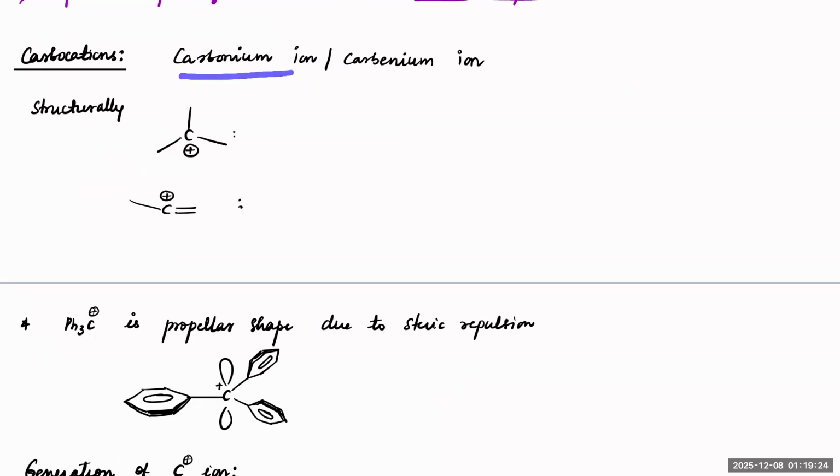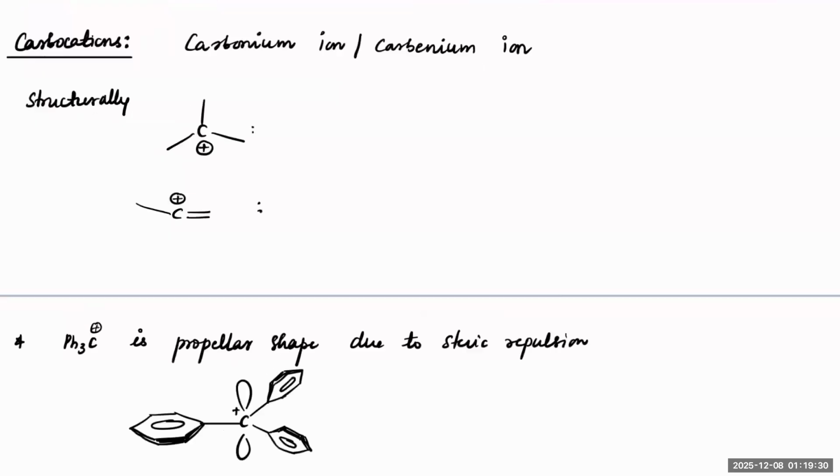Carbocations, another terminology is carbonium ion or carbanium ion. Structurally, it would have a positive charge on an empty orbital, and in three dimension, this is how we show it, that there is an empty orbital which carries a positive charge, and there is one bond here, and there is one bond which is going inside and one bond which is coming outside the plane.